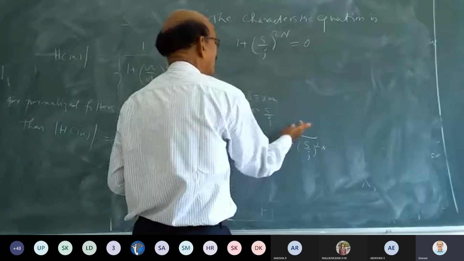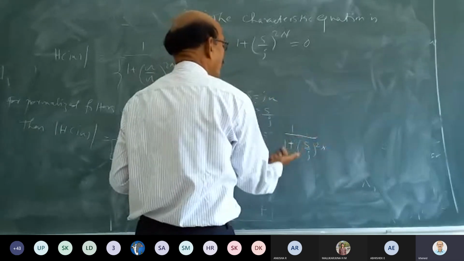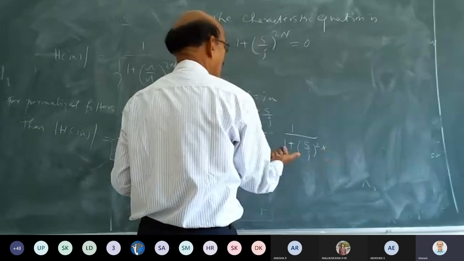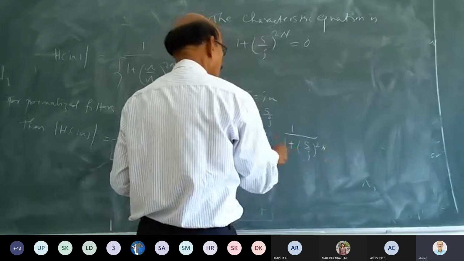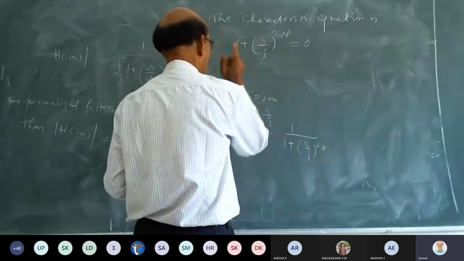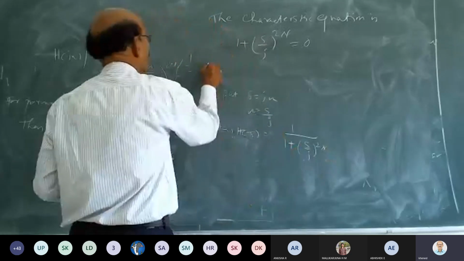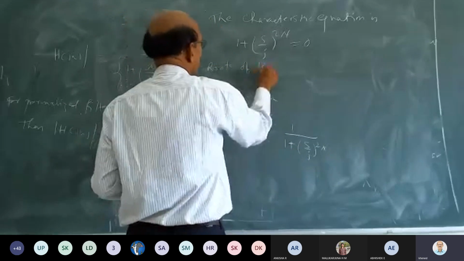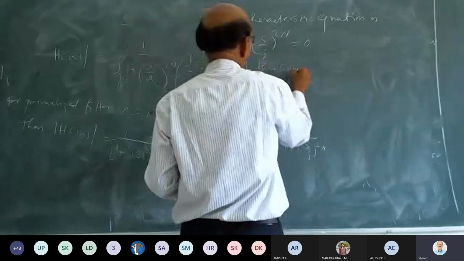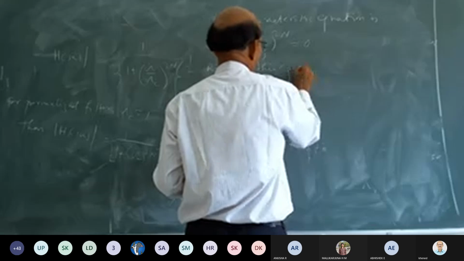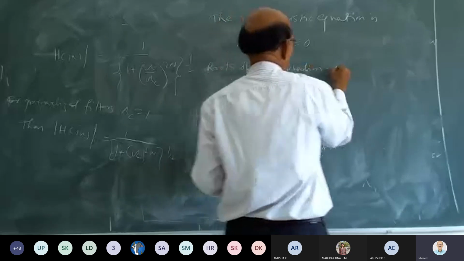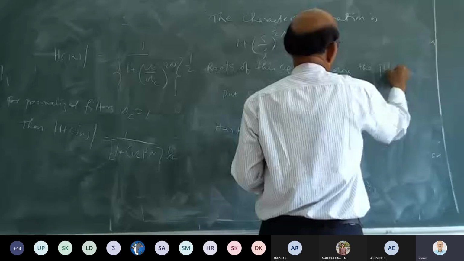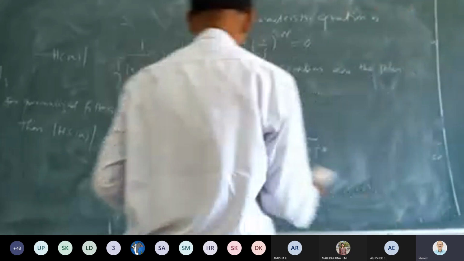Isn't it? We get zeros from the numerator, poles from the denominator. The denominator equated to 0, I get the roots. Roots of this equation are the poles.